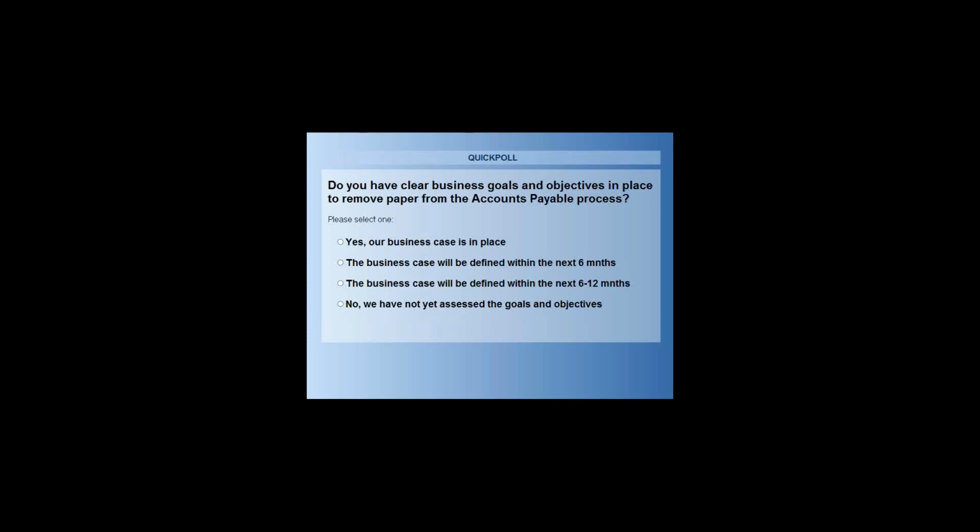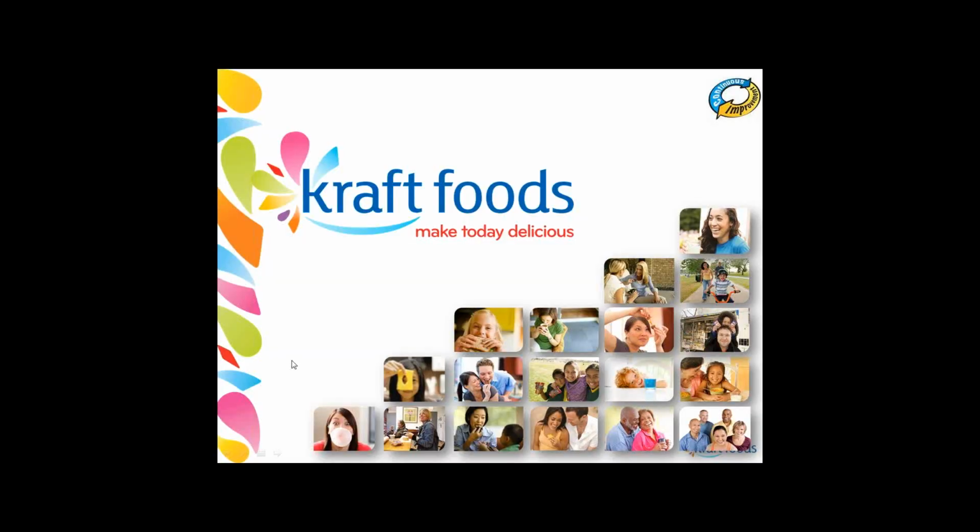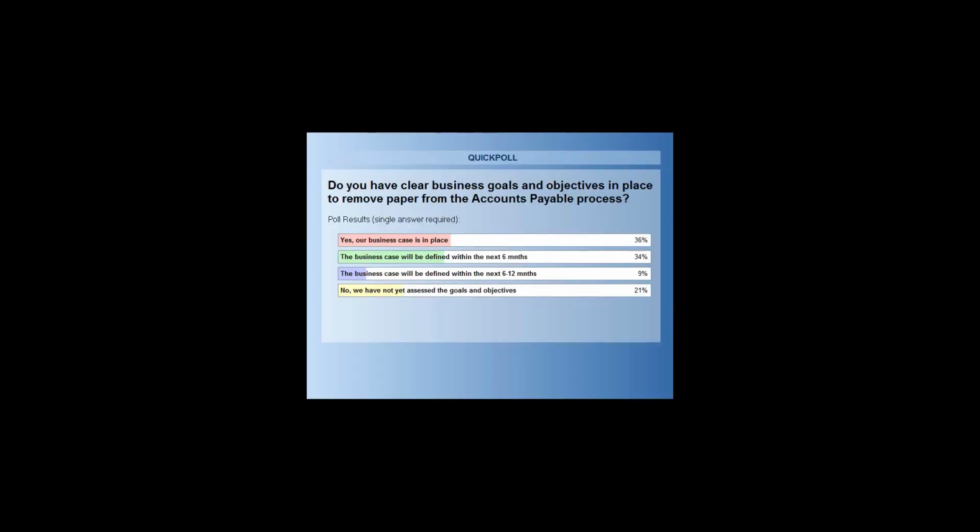The business case will be defined within the next 6 months. The business case will be defined within the next 6 to 12 months. No, we have not yet assessed the goals or the objectives. So if you could complete that, and I will be closing the poll shortly before I hand back to Ruud for a quick summary. So closing the poll in 3, 2, 1.